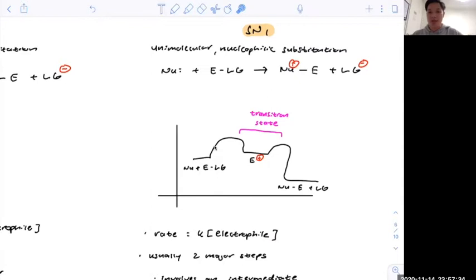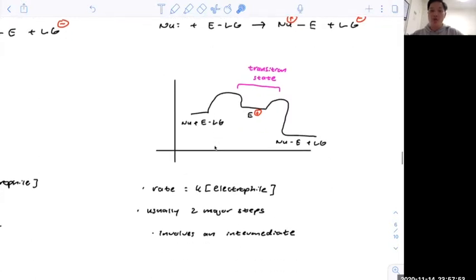So let's see why this is important coming up. This is the general reaction scheme. You form a positive electrophile here, and then there is something different here. As you can see, there is a transition state denoted by this electrophile with a positive charge.